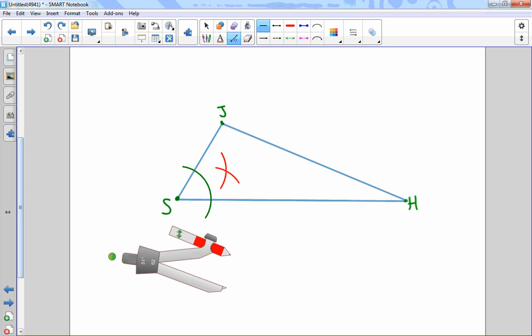All the way through. Whoops, that is not a line. Let's try a line tool. From S all the way through. Okay, when you're ready, pick another angle. I'm going to do angle J.